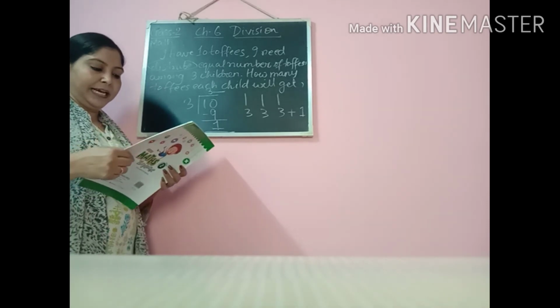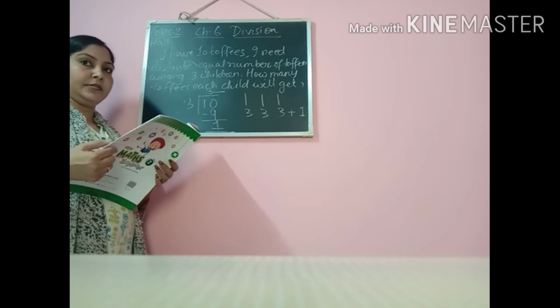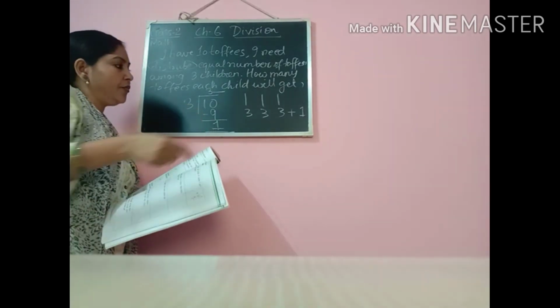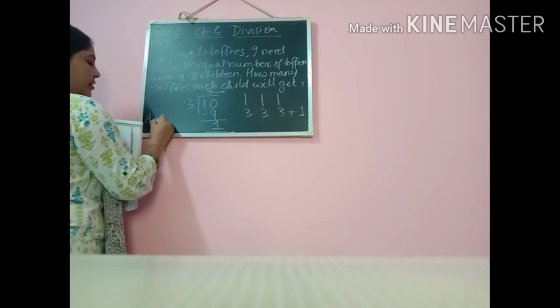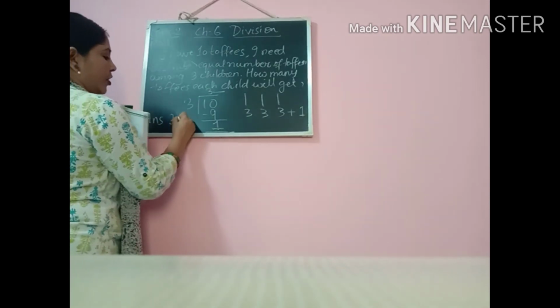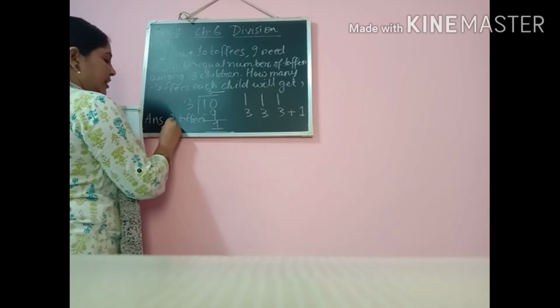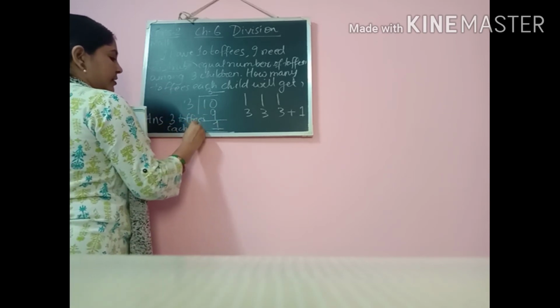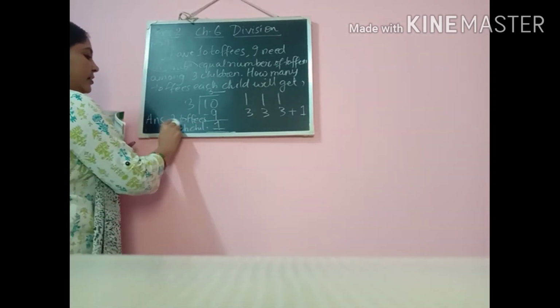Now in page number 99 you will see how many baskets will contain 81 apples. How will you write the answer? The answer you will write in this way. Let me write it clearly.